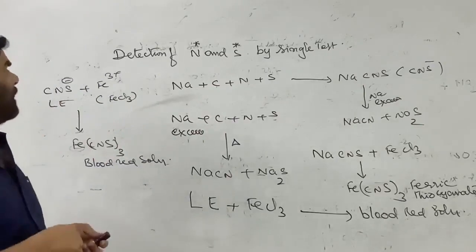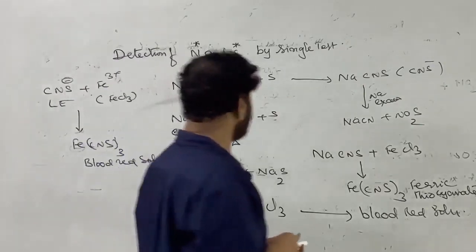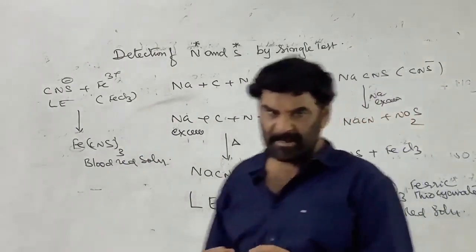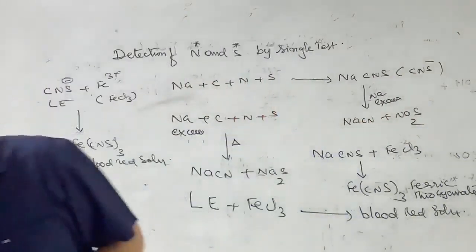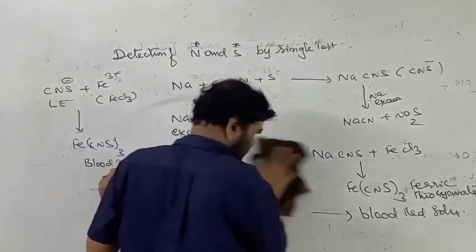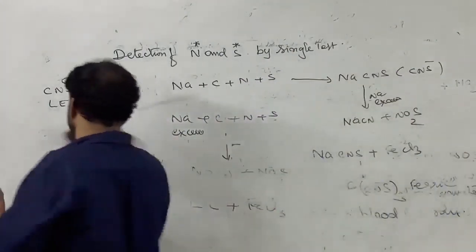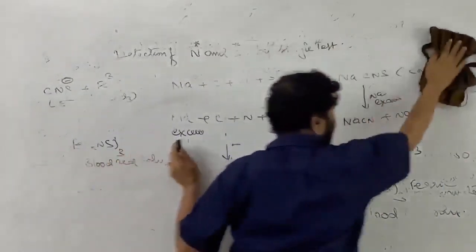So that is the common test for the detection of nitrogen and sulfur, two elements simultaneously with a single test: to the Lassaigne's extract, ferric chloride is added, ferric thiocyanate is formed as a blood red colored solution. With that color of the solution, we can identify the result. These are the detection of sulfur and nitrogen.